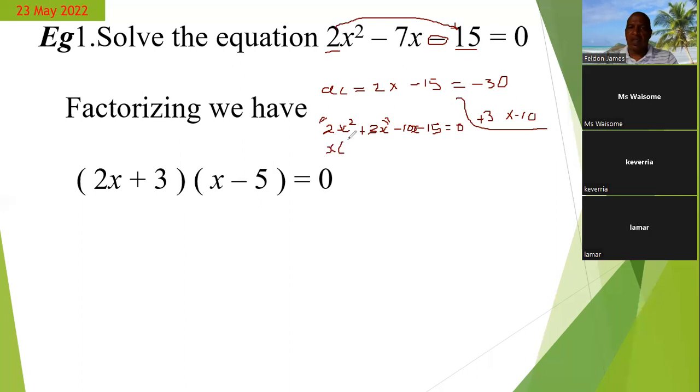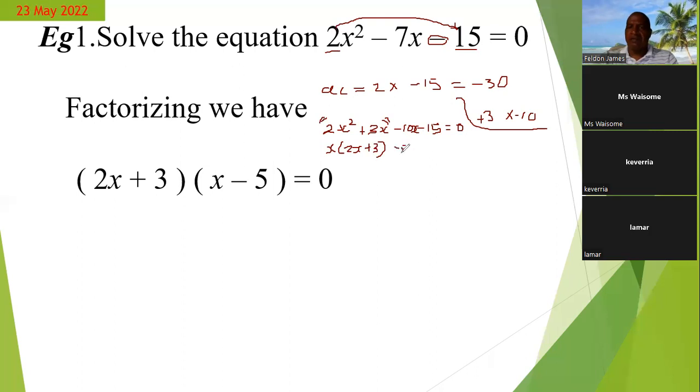So x into 2x squared gives you 2x. X into 3x gives you plus 3. And for this one over here, we have negative 10x minus 15. What is common here? Negative 5, sir. It will be negative 5.